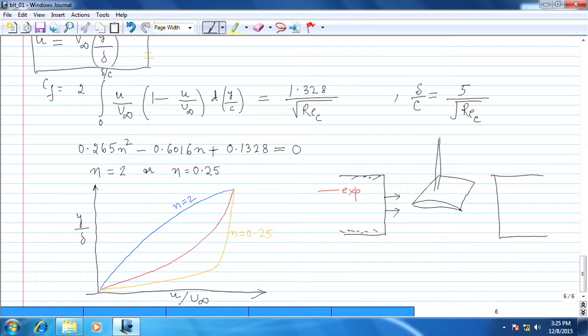The point here is that one could actually take a little bit of a traverse, and you could measure velocities at different locations like that, on top and bottom of this wing.